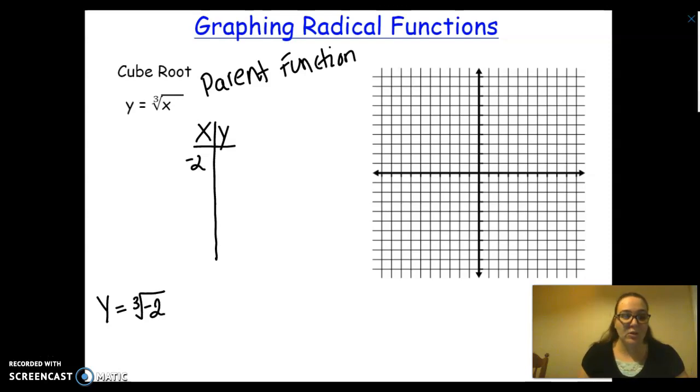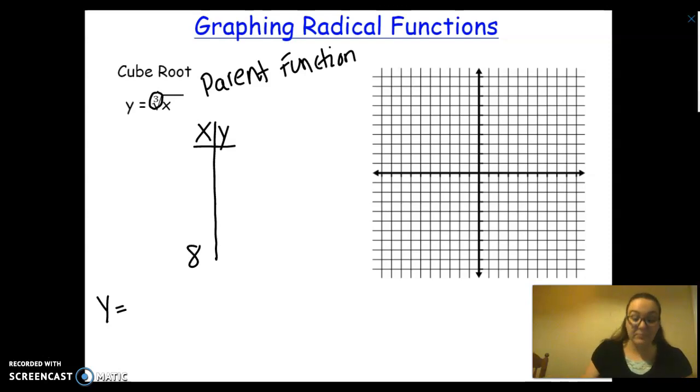I don't know what that is off the top of my head. It's not a good number. So -2 might not be a good number to start with here. Our goal is to cube root a number, so a good number to start with is a perfect cube.